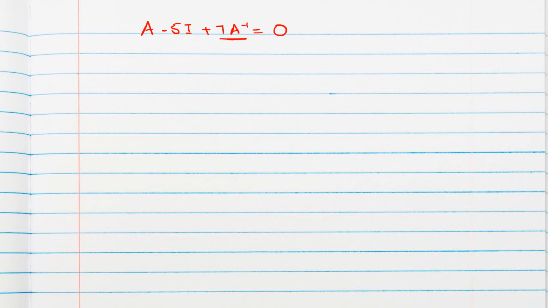A inverse we should find. So all other terms we will shift here. Minus 5I means 5I minus A. A inverse will be, this 7 will come in division here. Okay. So A inverse we can find by substituting I value and A value here.